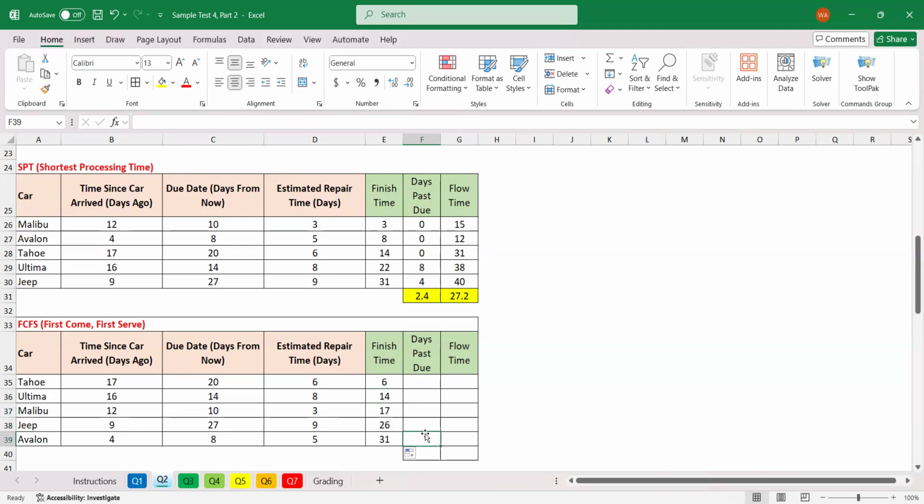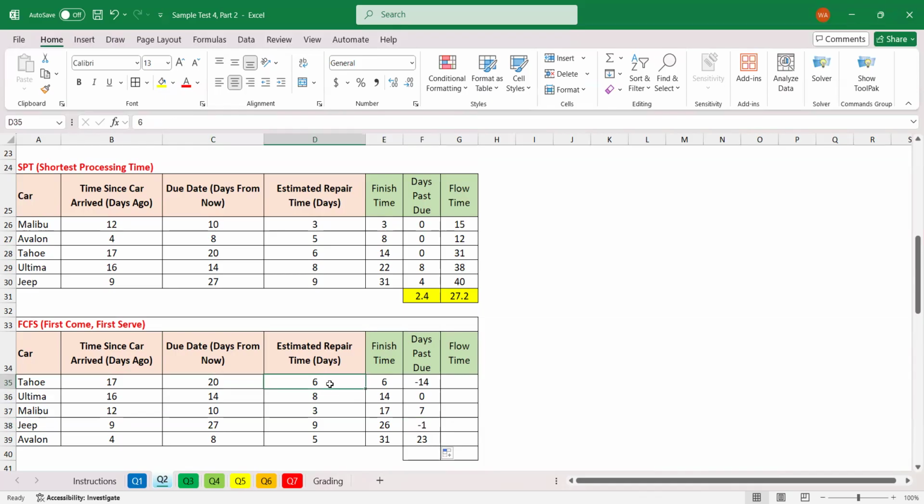Okay. And then you use this information here to figure out whether you're going to be past due. And your past due is a function of your finish time minus your due date. That formula stays the same, so I'll just drag it down. And any place you have a negative, it means you finished ahead of time. The Tahoe was due to be returned to its owner 20 days from now.